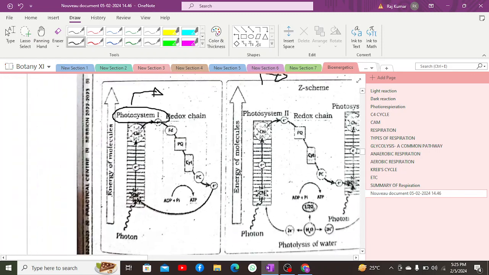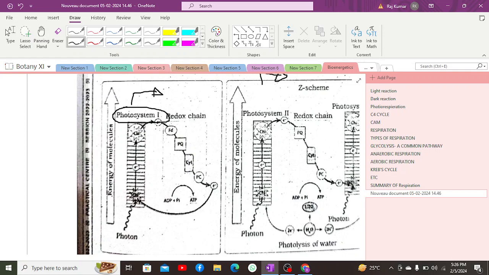The photosystem 1 will not produce NADPH2, because the formation of NADPH2 requires an association with photosystem 2.